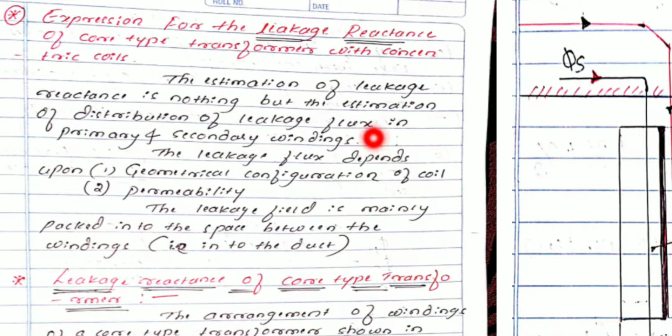Along with the primary and secondary leakage fluxes, there is one more flux: the flux flowing through the duct, represented by phi naught.